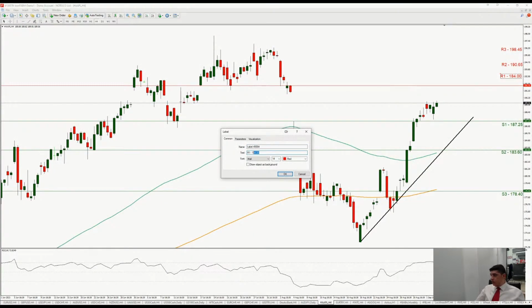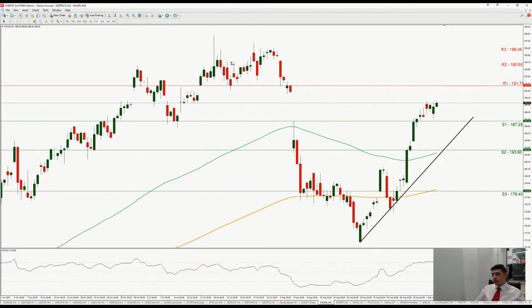So 191.75 for R2. So the distance is about $4 on each, and then it's 191.